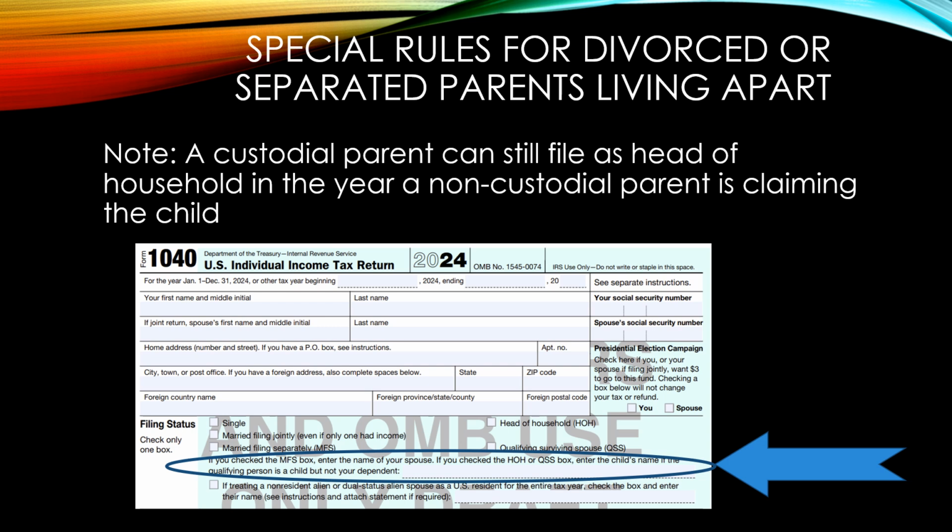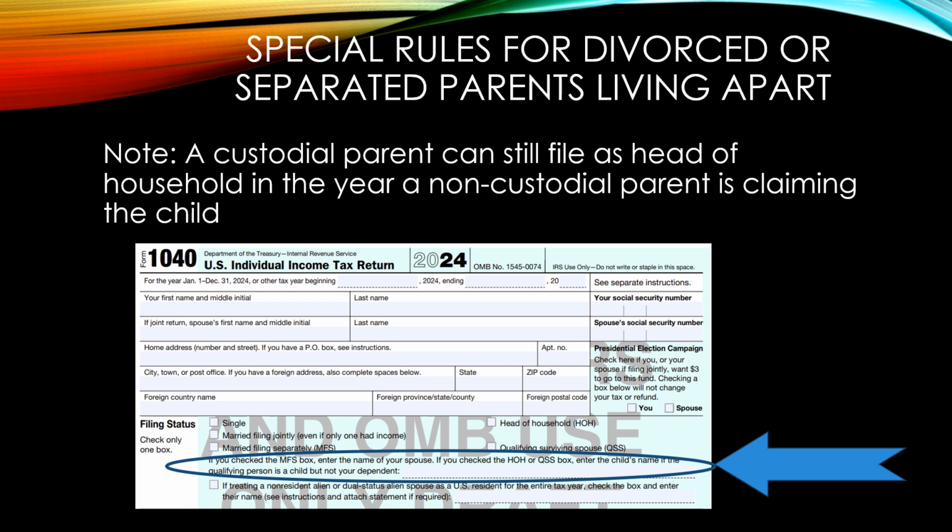Now, if a parent has released the exemption to the non-custodial parent using Form 8332, the custodial parent could still use that child as a qualifying person to file as head of household even though the non-custodial parent is actually claiming the child on their return.